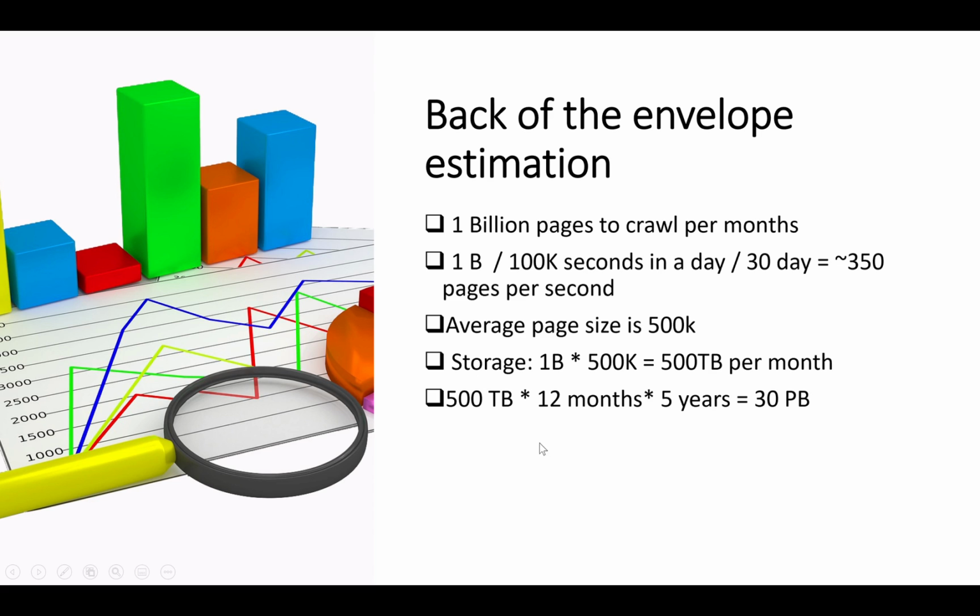If it is for 12 months and we are storing for 5 years, that means we need 30 petabytes of storage. Again, these are not accurate, just estimates, all rounded up. For example, in 1 day we have only 86,400 seconds, but I rounded up to 100,000 seconds, and that's fine.